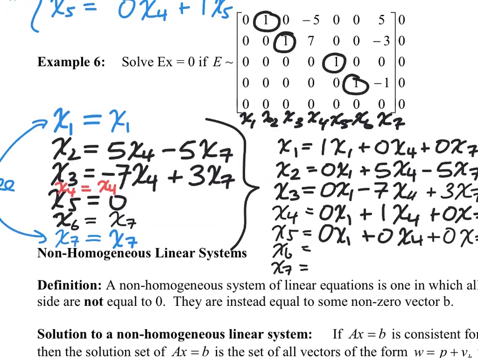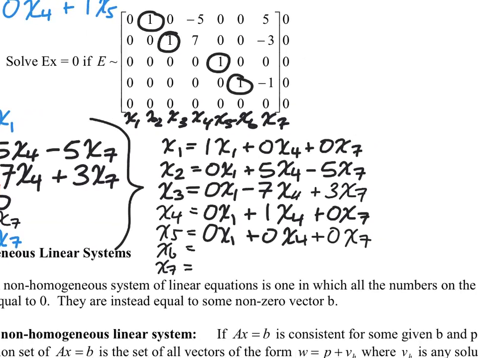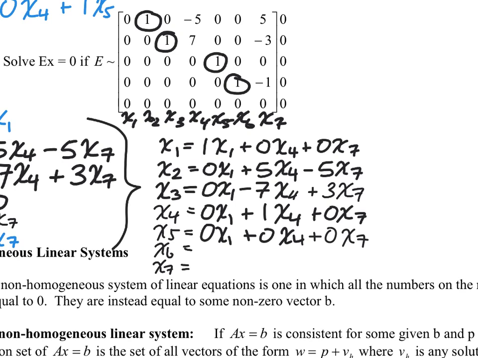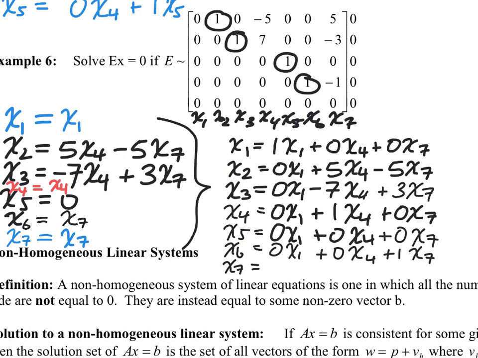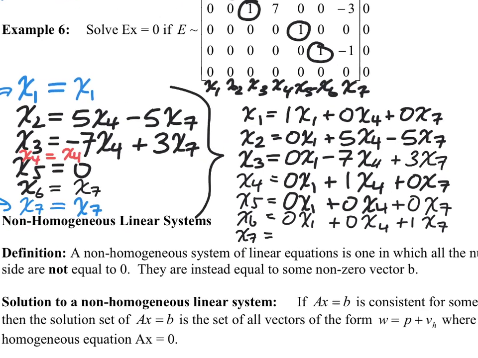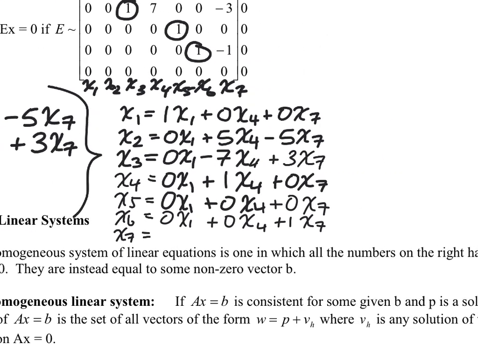X sub 6 is equal to 1 x sub 7, so 0, 0, 1. And then x sub 7 is just the x sub 7, so it's the same thing as x sub 6.